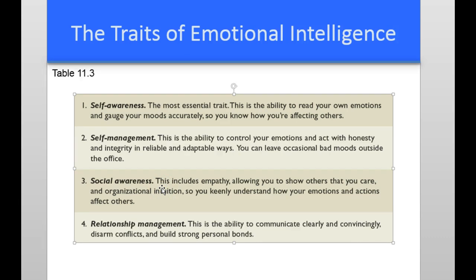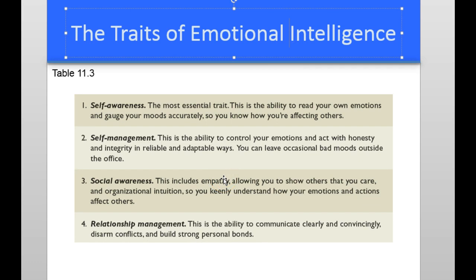Do you have empathy, and can you understand the emotions of others? And finally, the ability to manage relationships, to detract from conflicts or subtract from them, and to build strong personal bonds. This is a very big one. Daniel Goleman brought this one to light, and we're still working on that one. It's a hard one to judge. It's a very hard one to judge. We just have to keep working.